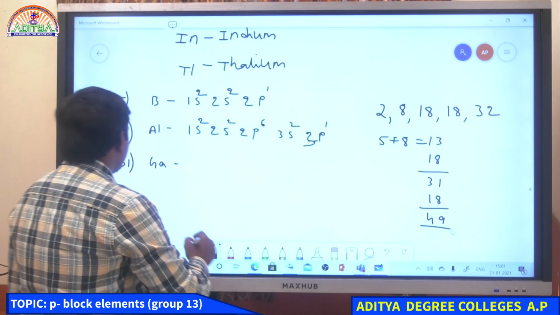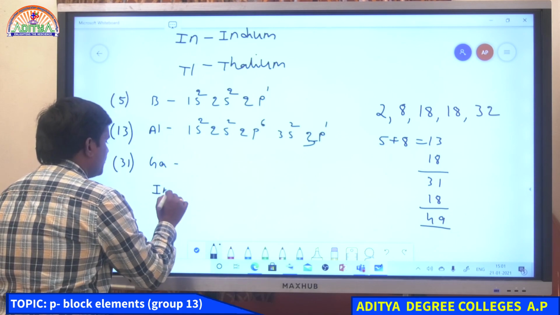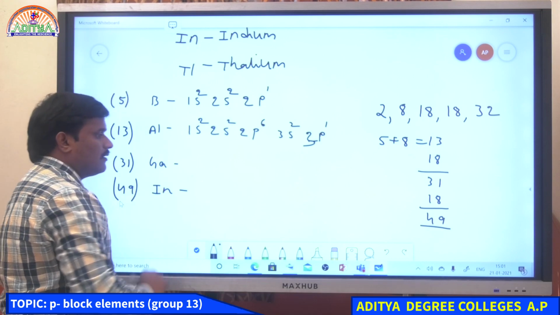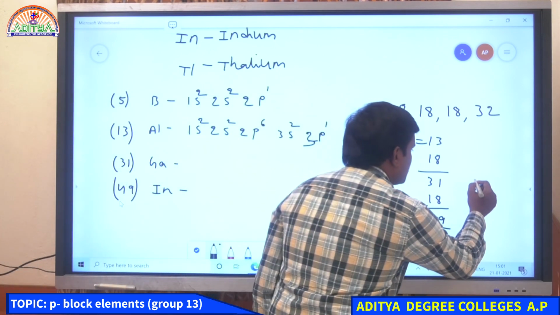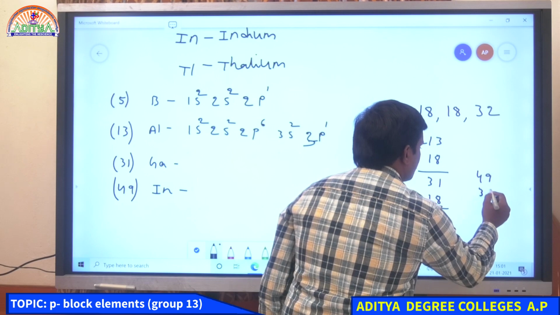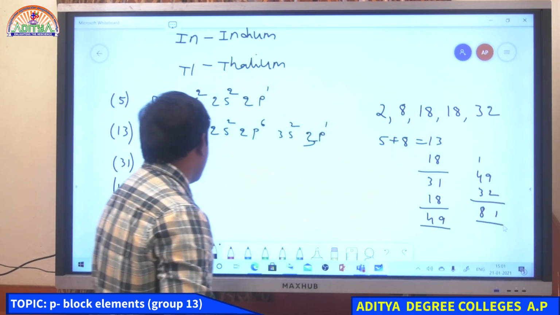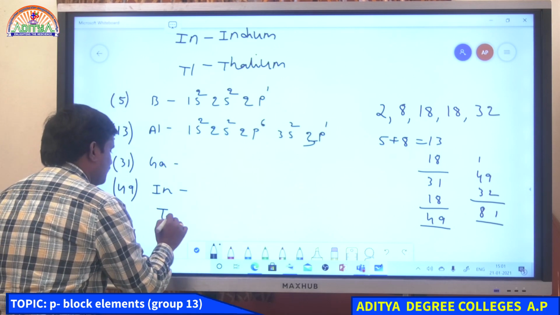Therefore, the atomic number of indium is 49. And finally, 49 plus 32, that is 81. So 81 is the atomic number for thallium.